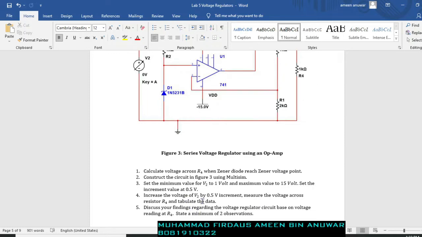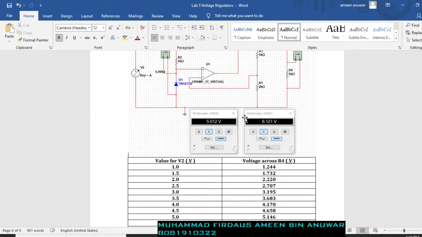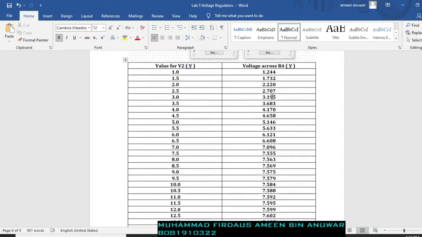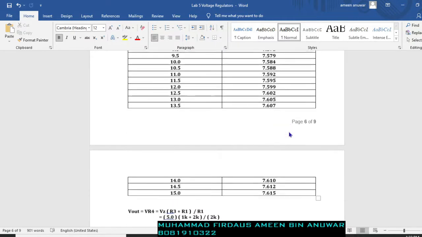and tabulate the data. So this is my circuit construction, and this is the data tabulation, like for 1.4, 1.5, which is an increment of 0.5, and this is the value of the voltage across resistor R4.